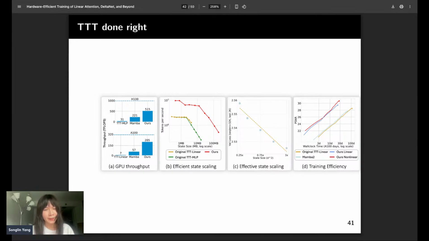So by using this large chunk TTT framework, it allows us to better scale up the recurrent state size. And also we can use other fancier optimization techniques, like in this work, we use Muon, a newly emerging optimizer, to do this online gradient descent.